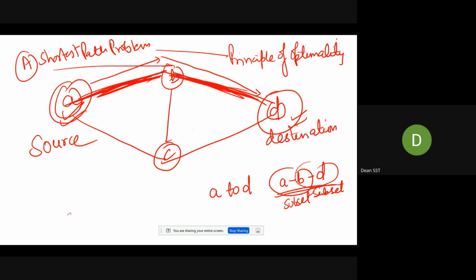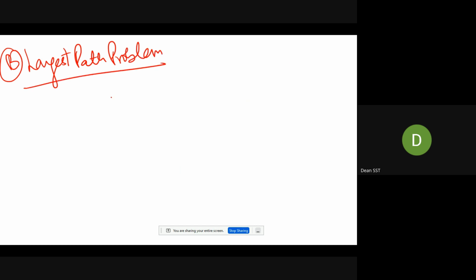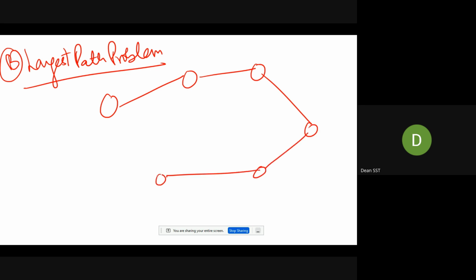Now let us take the longest path problem. Suppose these are the nodes of the graph. Here we are having the source and here we are having the destination.